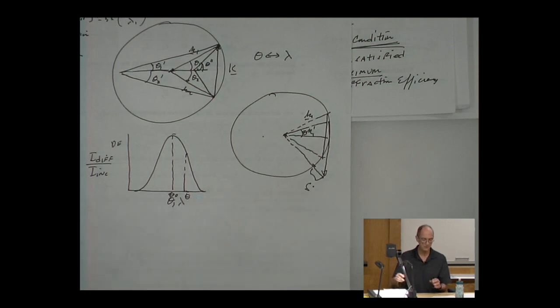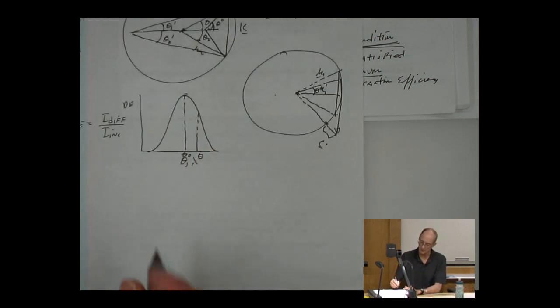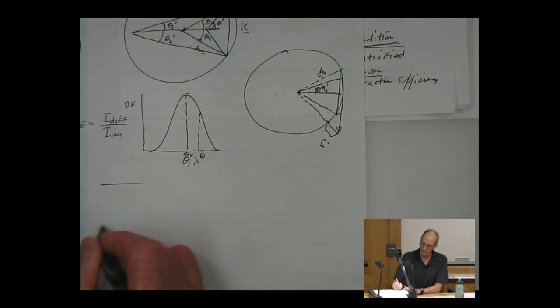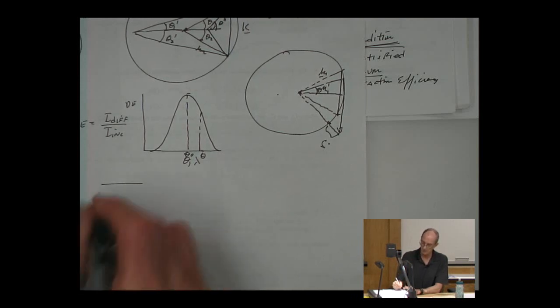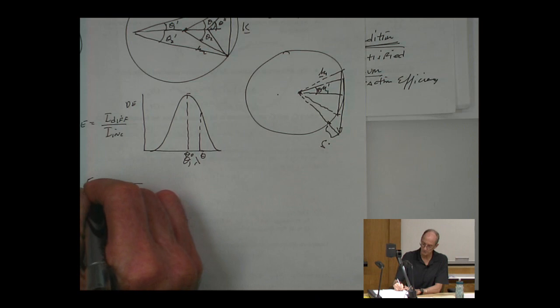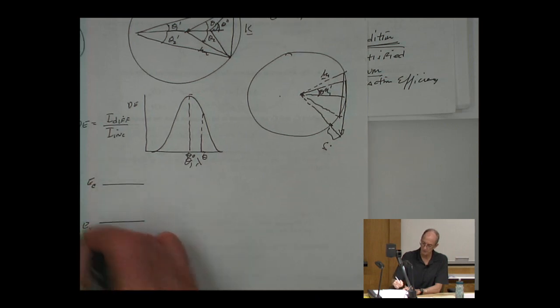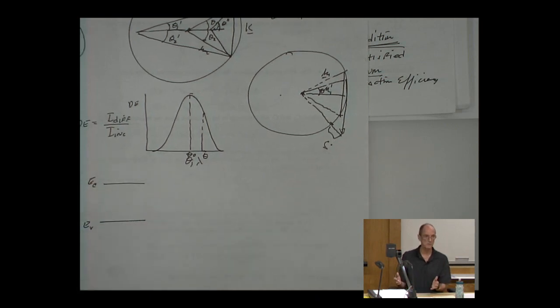So it's kind of a resonance effect, or I know there's a lot of double E's here, so to make you guys feel a little more comfortable, we can think of this more as a band gap. So we have, say, a conduction band and a valence band. It's very similar to absorption, right?